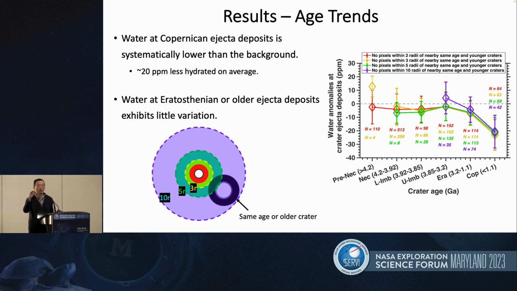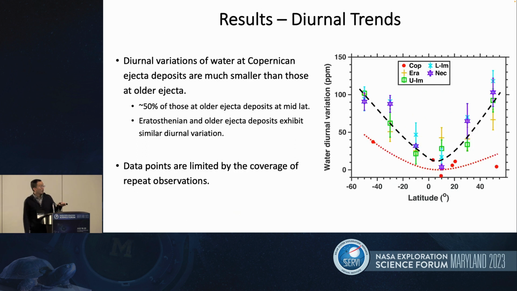There's no variation compared with the background. But you do see the water at the Copernican crater ejecta is less hydrated. This is from different effect zones for the neighboring craters, but the trend is almost the same.